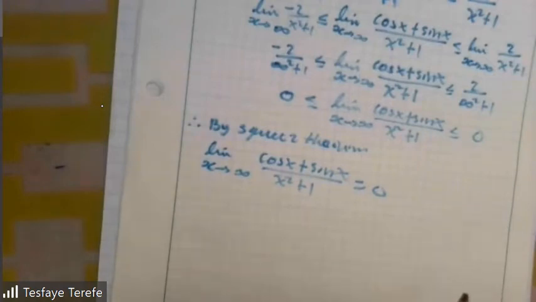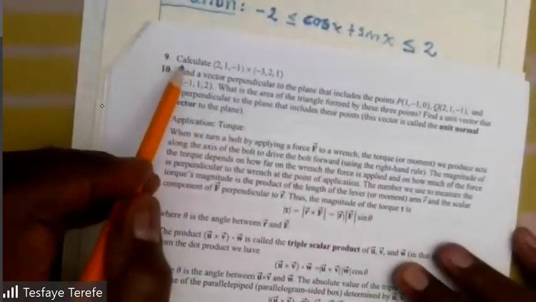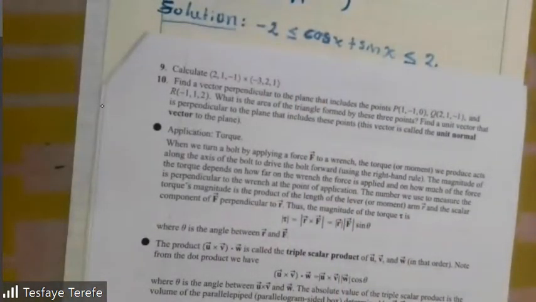What I'm going to ask you to do is forget number 9, but do number 10. Find a vector perpendicular to the plane that includes the point P, which is (1, -1, 0), Q (2, 1, -1), and R (-1, 1, 2).